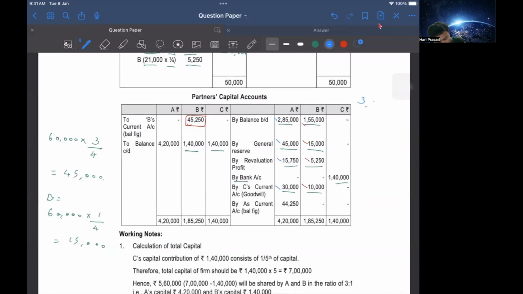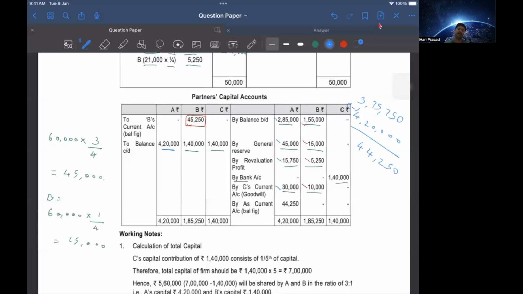The balancing figure of A's capital account is 3,75,750. But A's capital should be 4,20,000. We need to increase it, by 44,250.